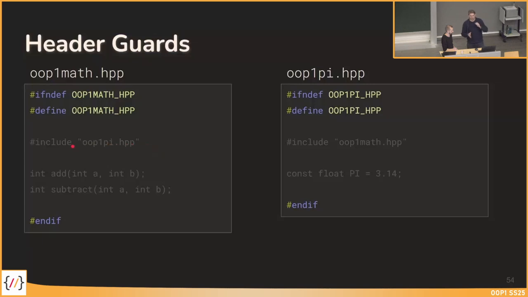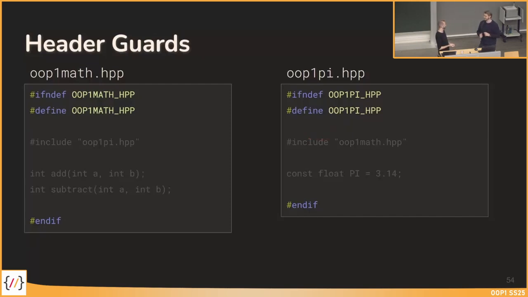So the infinite loop you've mentioned always copies the content of the other header file into this header file, and without header guards, this would result in an infinite loop. And with these header guards, you can then define that this, for instance, OOP1 math header file is already included in the OOP1 pi header file, and then this part is not anymore added or copied, and this is then the reason why this circular include works when using header guards.